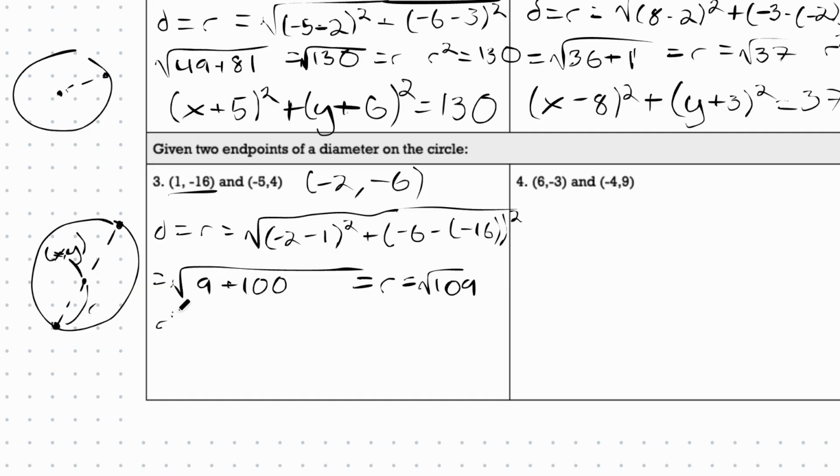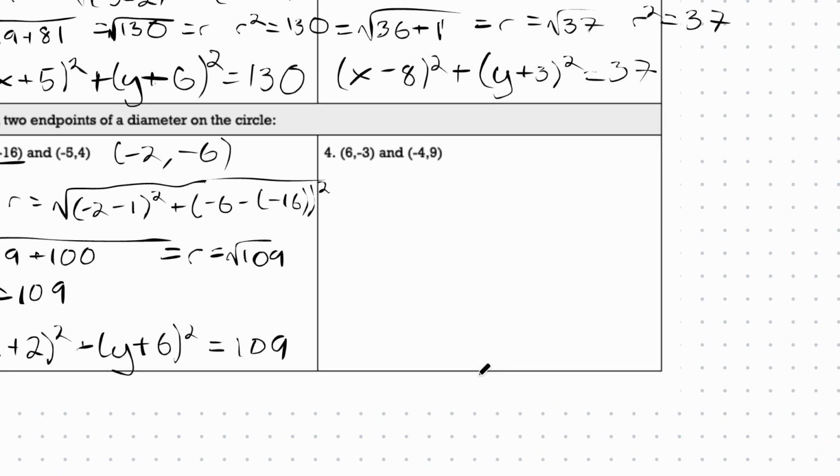So r squared is going to be 109. And now we have this formula where we can plug this back in. We say x minus -2, so it's (x + 2) squared plus (y minus -6), or (y + 6) squared, equals r squared, which in this case is 109.